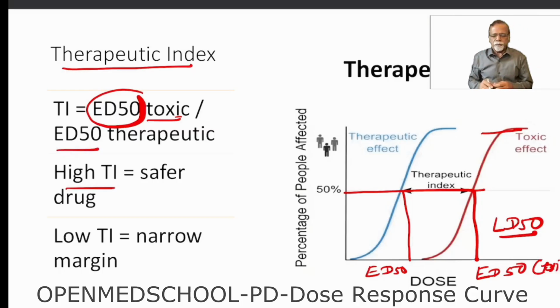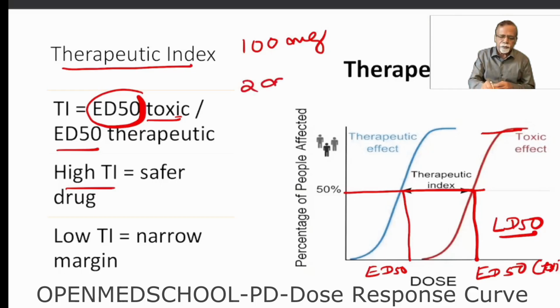For example, the ED50 for toxic effect is 100 milligrams, and the ED50 therapeutic is 2 milligrams. So the therapeutic index will be 100 by 2, equal to 50.